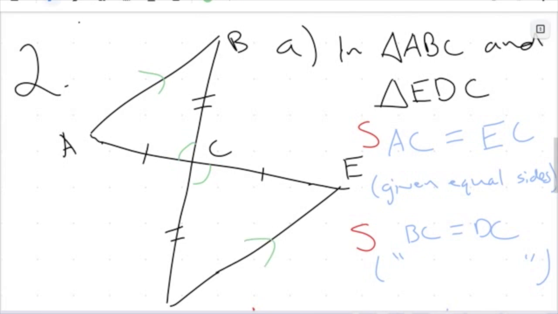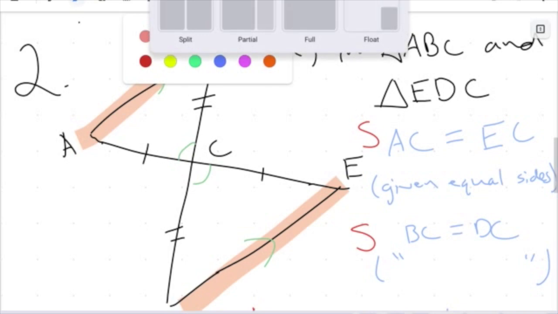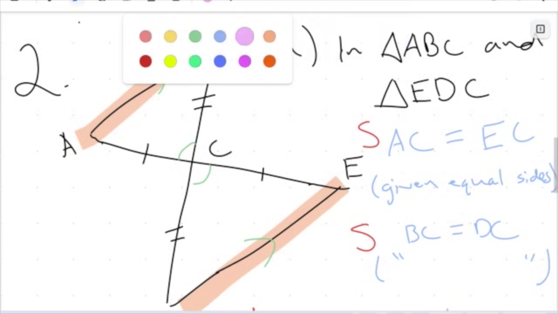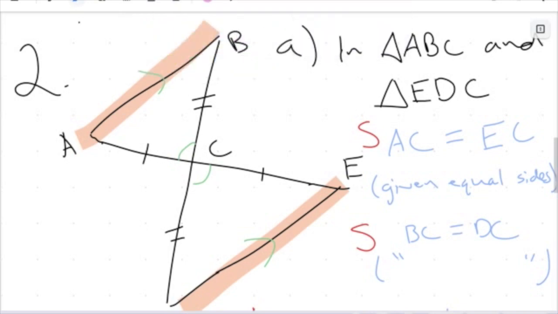Now, how do I even know that? What's something we remember that tells us that two lines are parallel? Well, remember when we had two parallel lines and they got cut through by some transversal, some line that goes through both, some angle relationships came about.